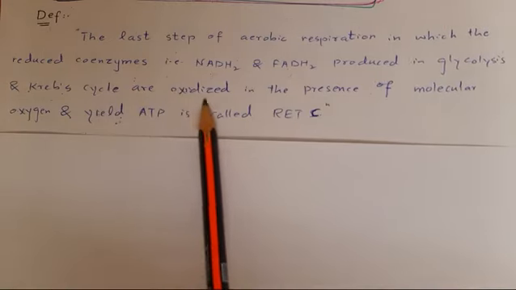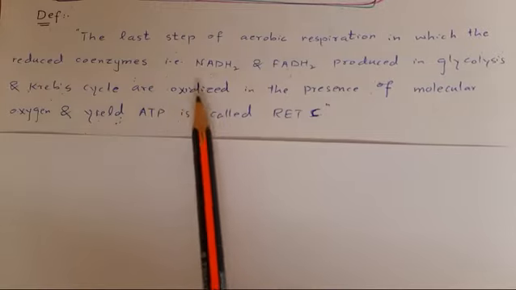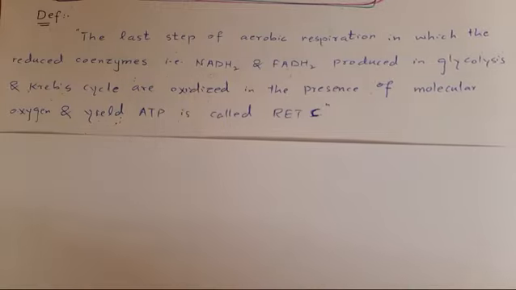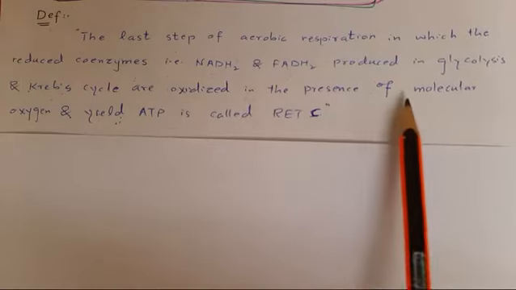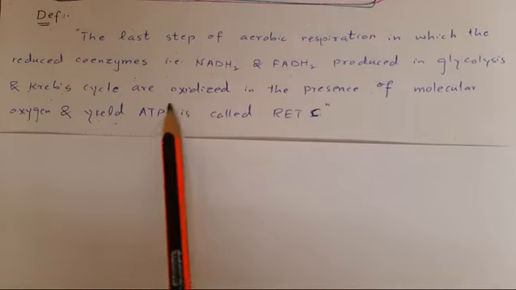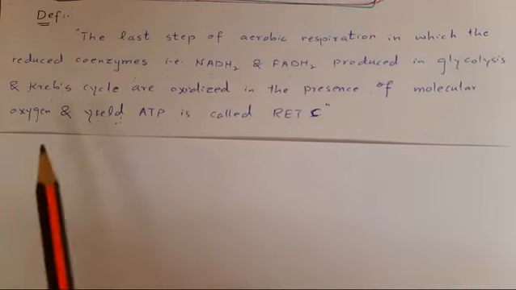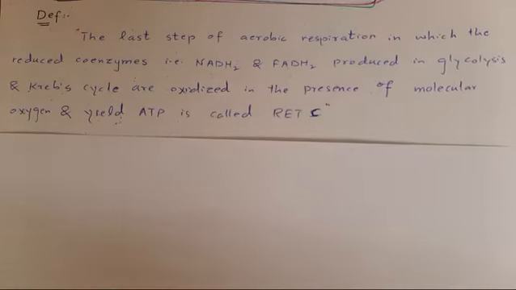That is, hydrogens are removed from these reduced coenzymes and these coenzymes become oxidized, right? And the energy produced during this oxidation is used in the synthesis of ATP from ADP and inorganic phosphate in the presence of molecular oxygen.